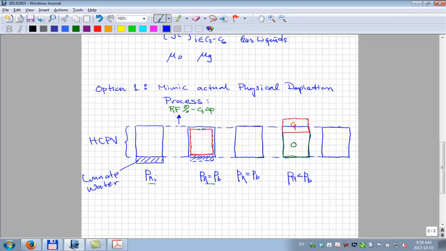Okay? So we have to take out something. What is being taken out? In other words, how much gas do we take out and how much oil do we take out to bring it back to this pore volume? Well, we could take out half of the gas, right? Or we could take out the lower part of the oil and leave the gas. There's an infinite number of ways to do that, okay?